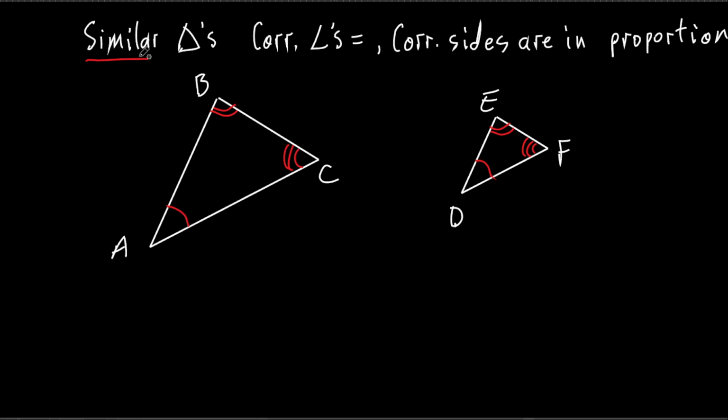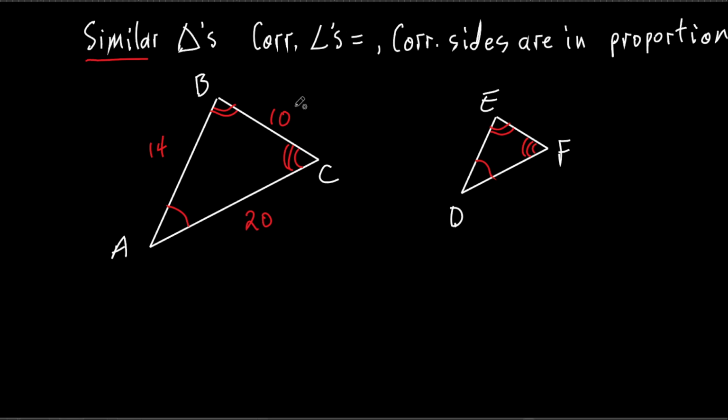All right. But here's the tricky part. That's the easy part of similar triangles. The tricky part is right here, that the corresponding sides are in proportion. So let's try to make this as easy as I can. Again, I don't know if the math will all work with this, but I'm just going to do it anyway. So let's say that this was 20, and this was, I don't know, 14, and this was 10, okay?